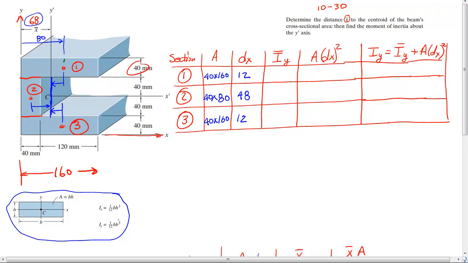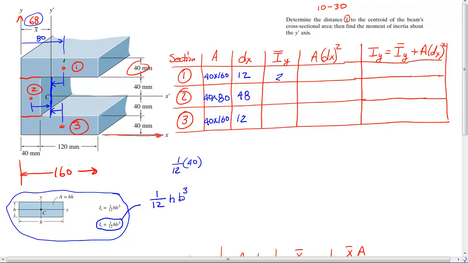Hang on. 1/12, and I think I'll write them up here. I'm not going to put the numbers. I'll put the equation. Height times base to the third. Now let's look at section 1. For section 1, and I'm going to erase this and put it back up here, height is 40.